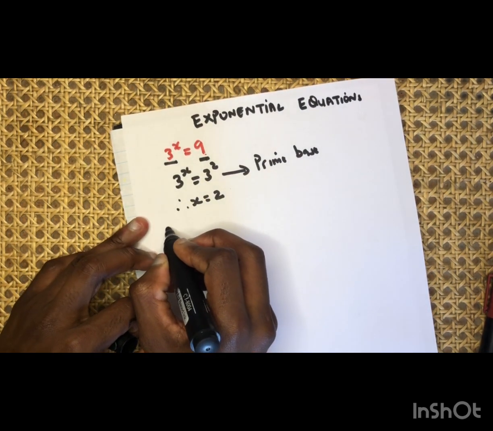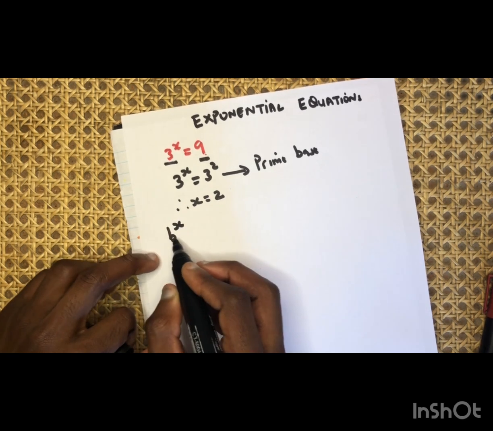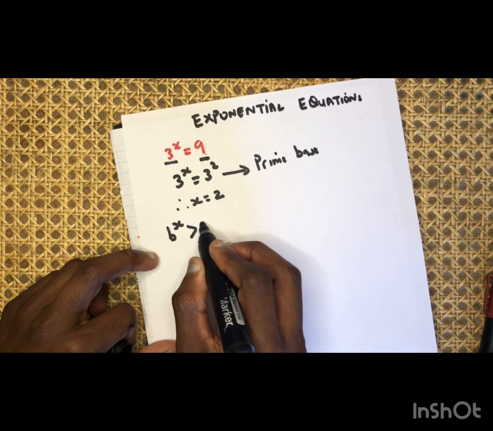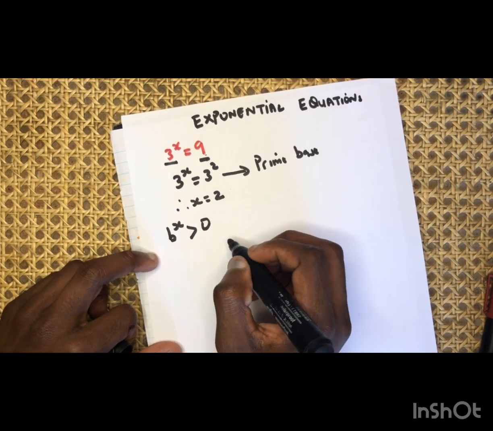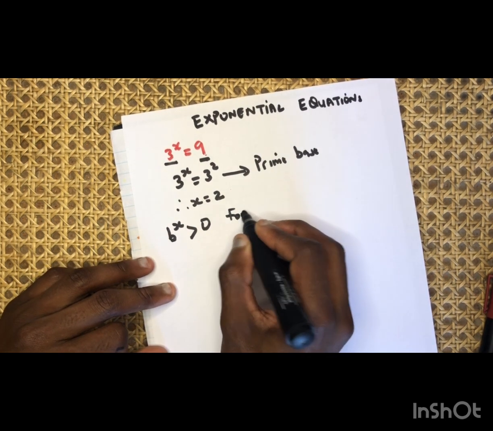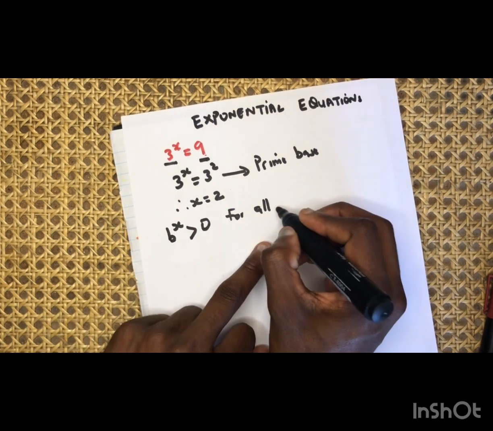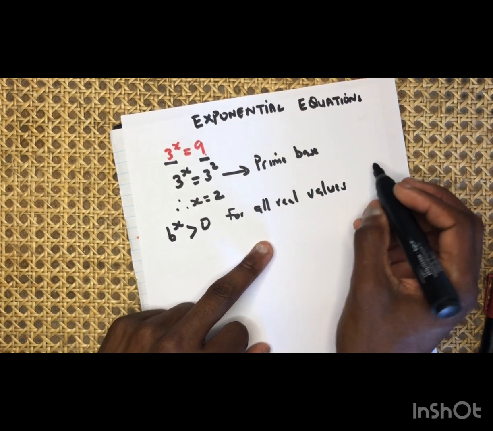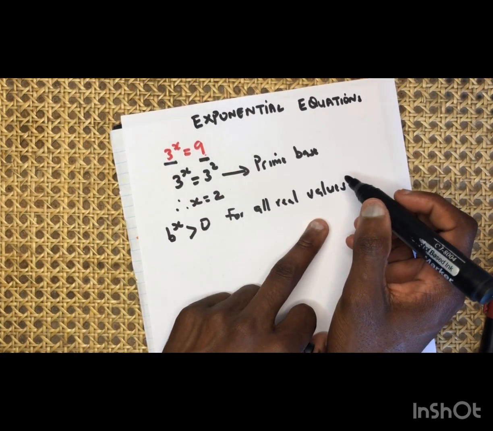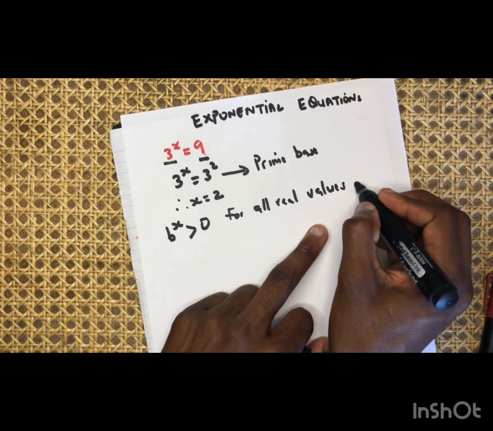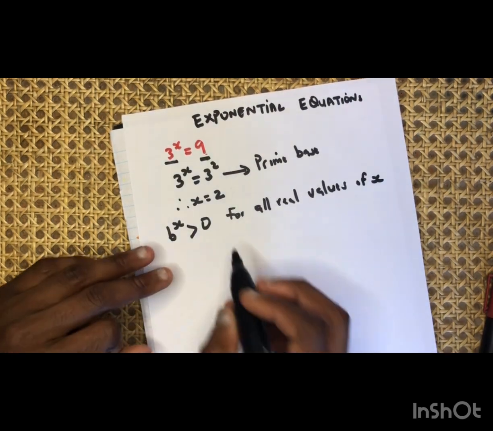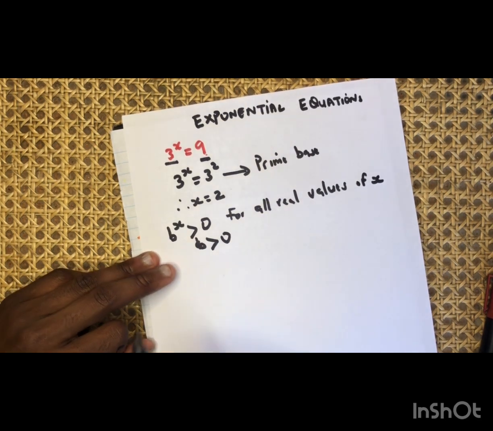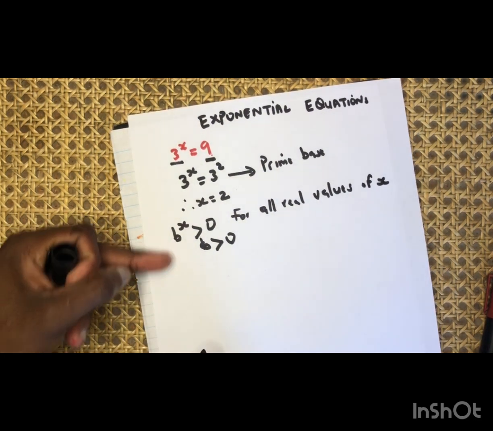Also take a note that b to the power x, let's consider this is your base, must always be greater than 0 for all real values of x, where this b is bigger than 0, which is your base in this case, guys.